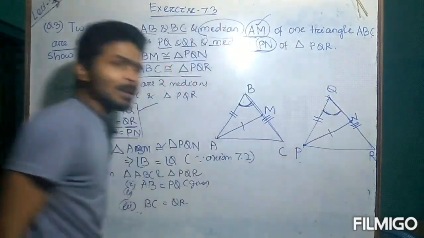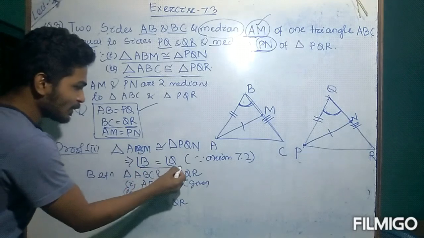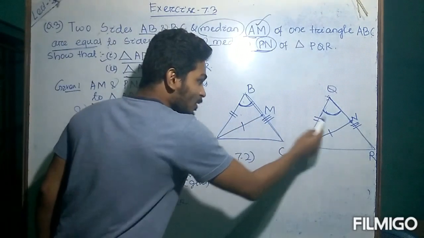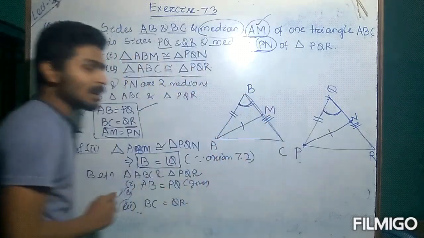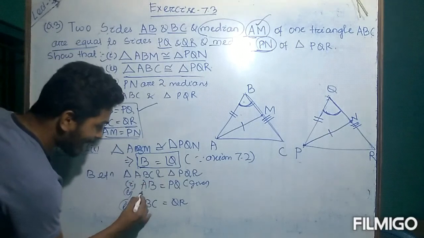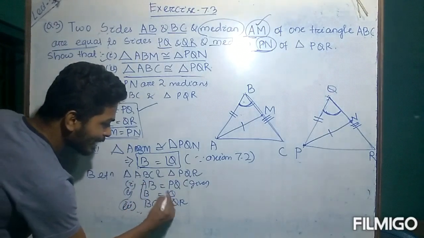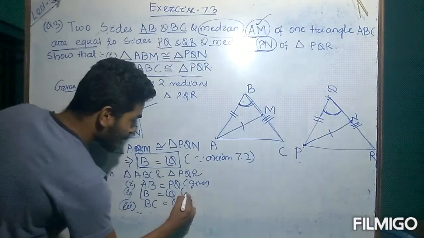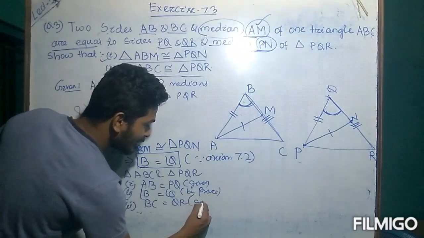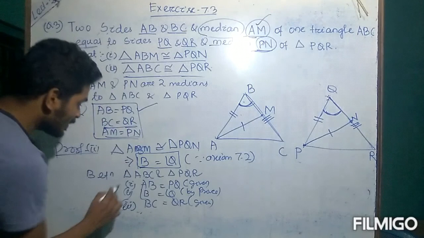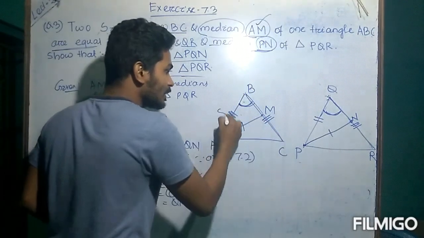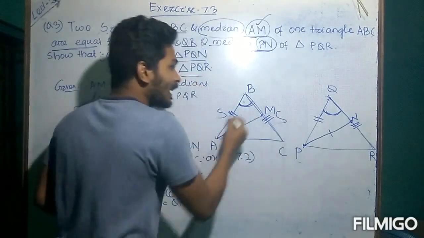Why are B and Q equal? Tell me. Since we have proved from the first statement that the two small triangles are congruent, their corresponding angles must be equal. So we have proved that B is equal to Q. So for this condition, we can write angle B is equal to angle Q. Why? By proved. So what are the three conditions that we find? We find for the triangle ABC this side and this angle.